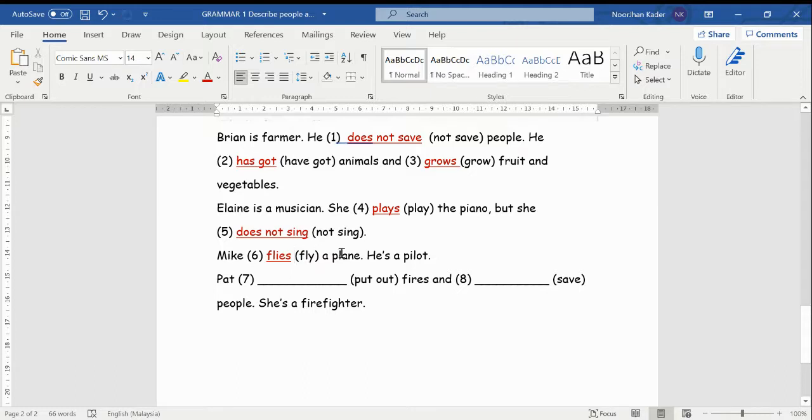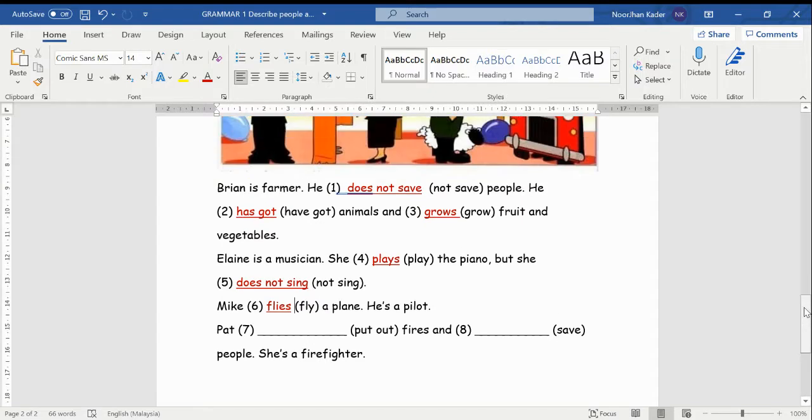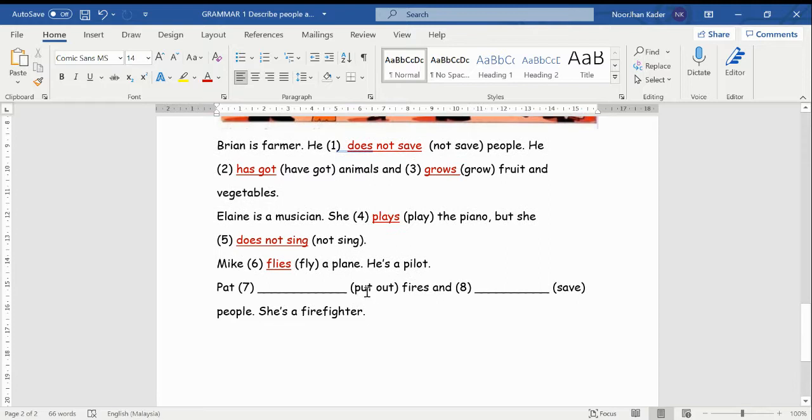Okay, Mike flies a plane. He's a pilot. Number 7, pet. You can see there are no possessive pronouns, only present tense, and both of them have got no not.